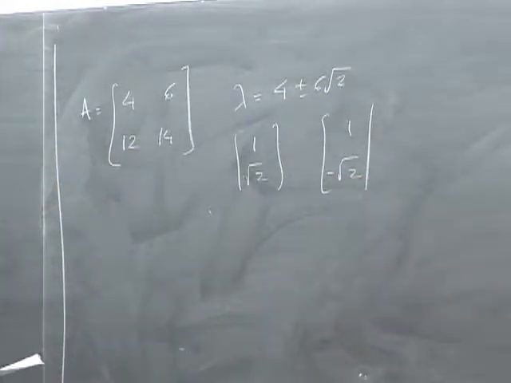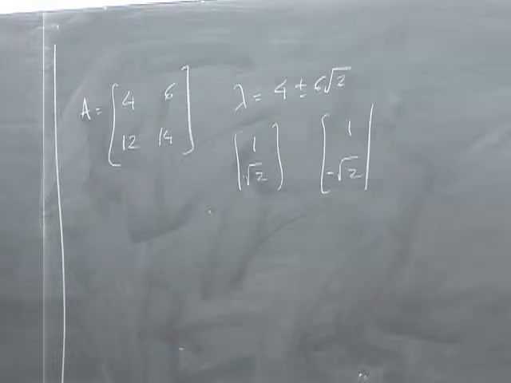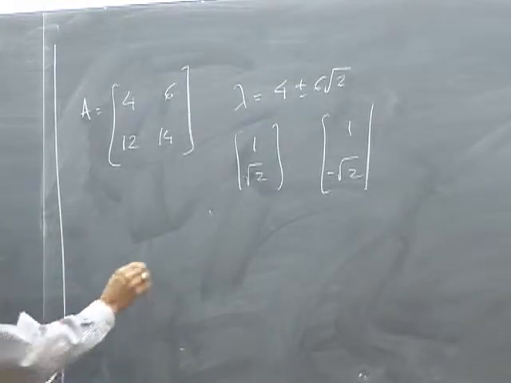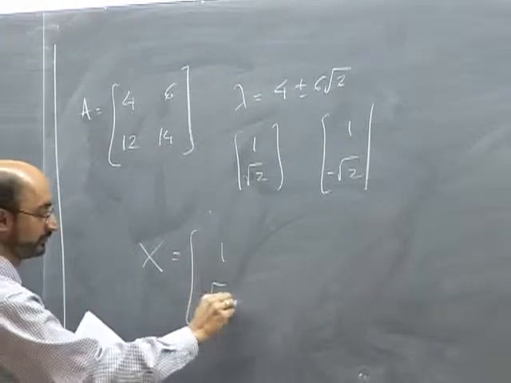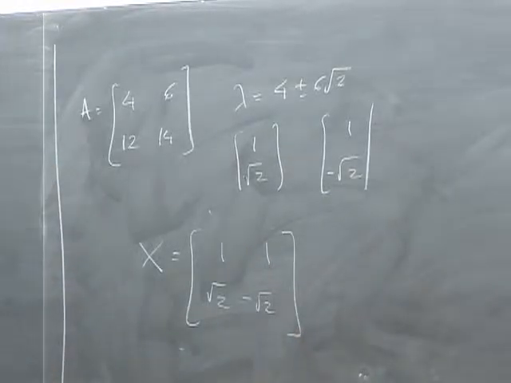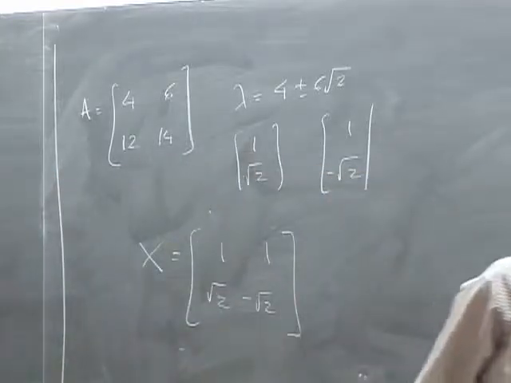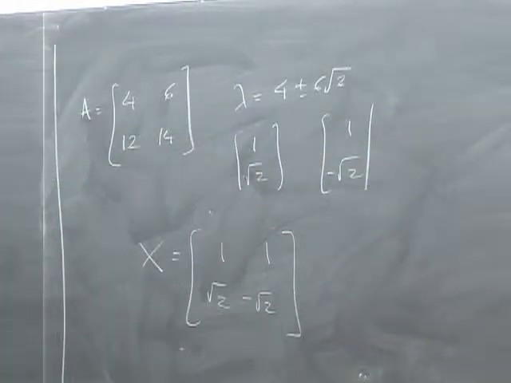Okay? And as you can see, the two eigenvalues are distinct. 4 plus minus 6 root 2 are two distinct numbers. And so this gives us the matrix X as this one over here, 1, square root 2, 1, minus square root 2, like so. That's just writing out exactly what I showed over here, as you can write out the vectors in column format.